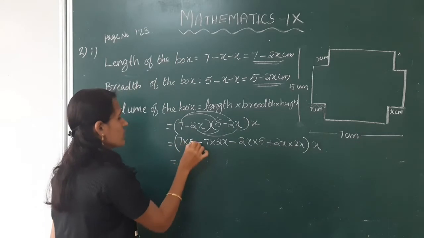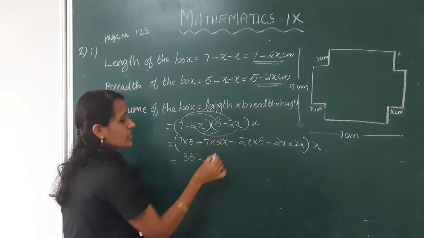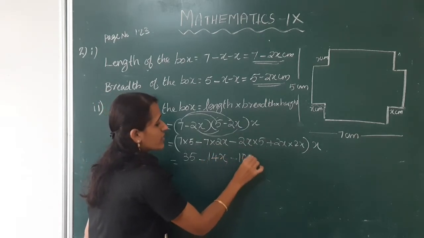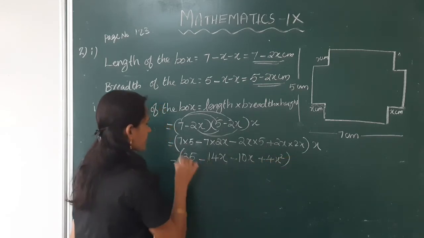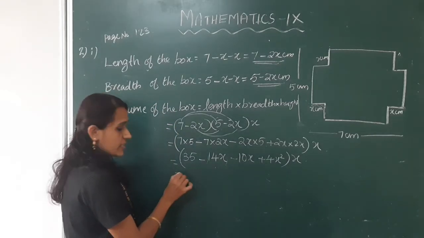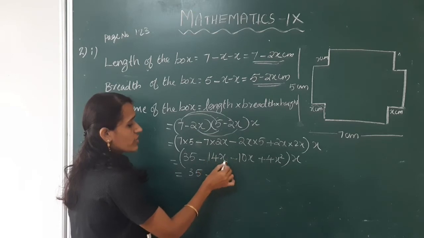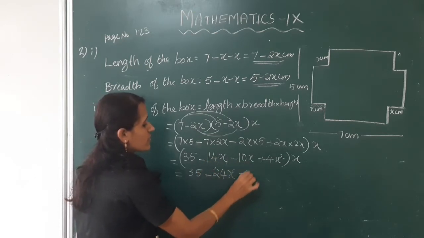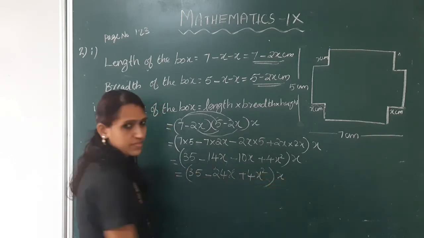This is equal to 7 into 5, 35 minus 7 into 2x, 14x minus 10x plus 4x square into x. This is equal to 35 minus 14x minus 10x, minus 24x plus 4x square into x.